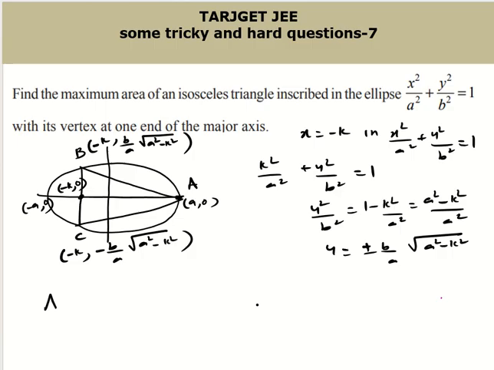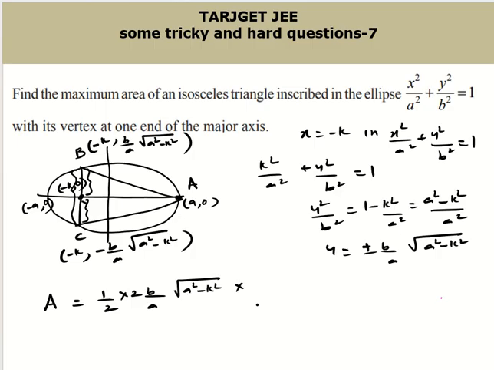The area of the triangle, let me call it A, is going to be half into the base BC into height. The length of BC: this portion is b by a into root of a square minus k square, and this length is also b by a into root of a square minus k square. So the base is 2 times b by a into root of a square minus k square.